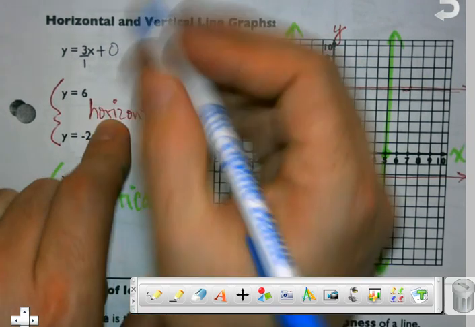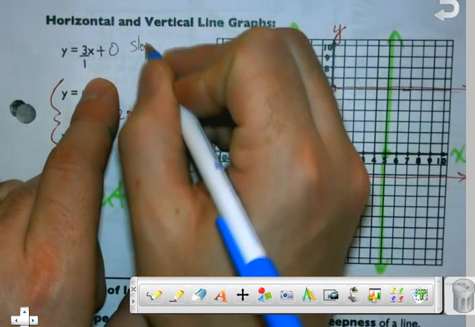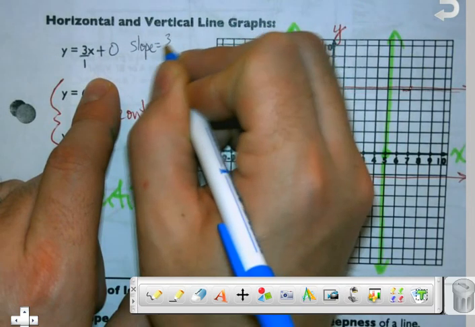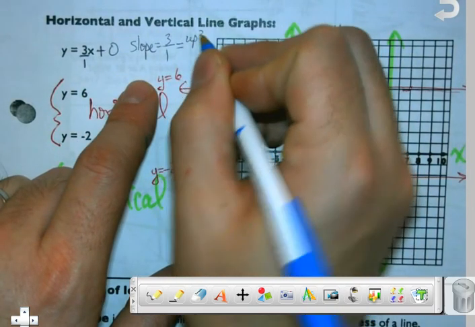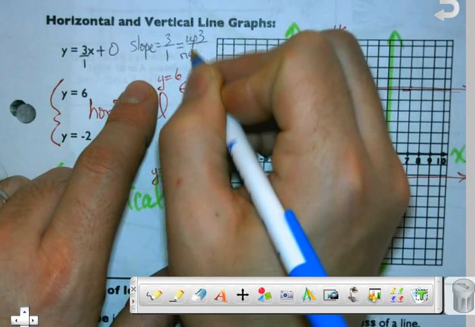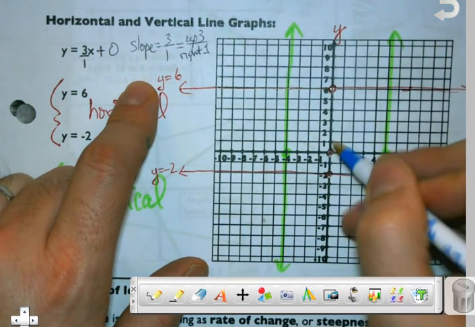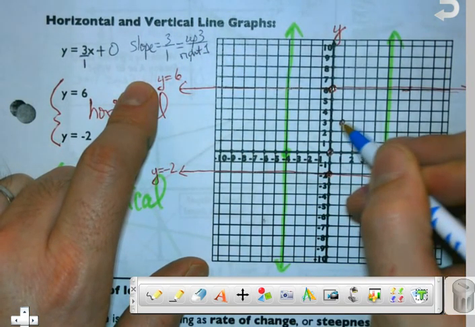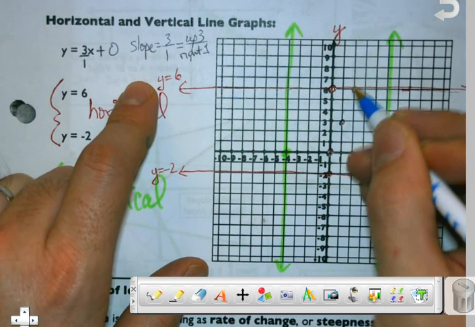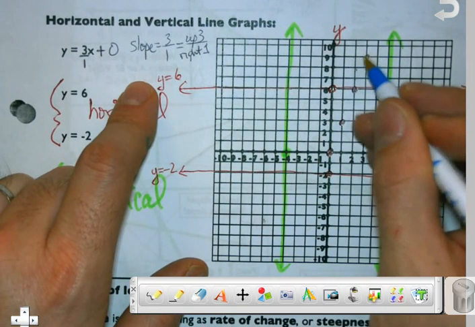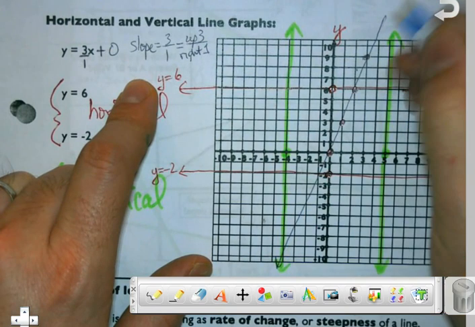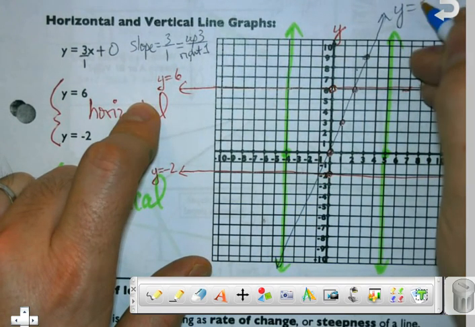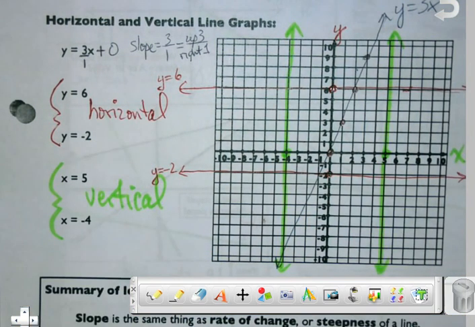But if my slope is 3/1, what does that mean? What directions would I be going? Up 3 and right 1. So I'd go up 3 and right 1, and I'm just going to keep making dots going up 3 and right 1 until I run out of room. Then I just connect the dots. If you go down 3 and left 1, I absolutely could.